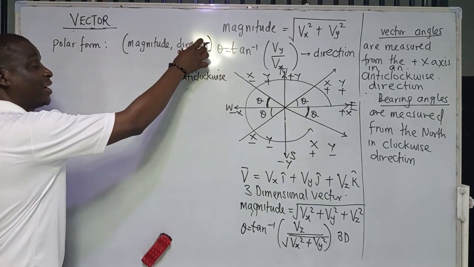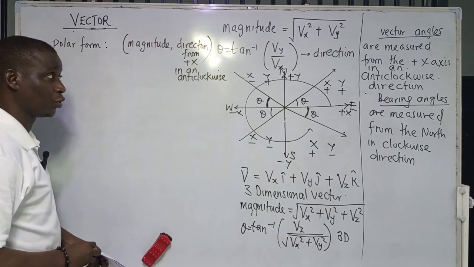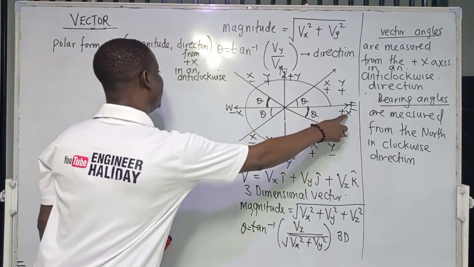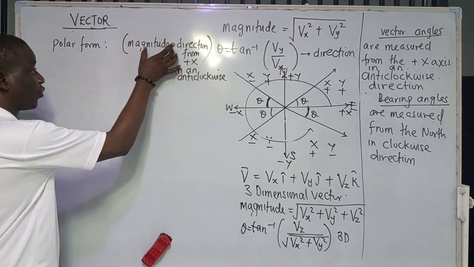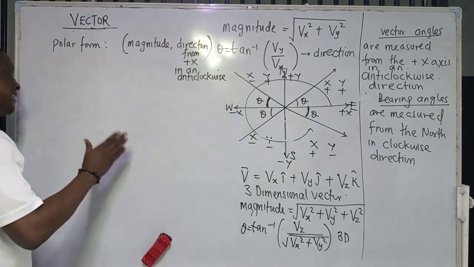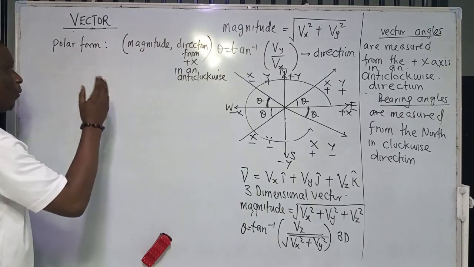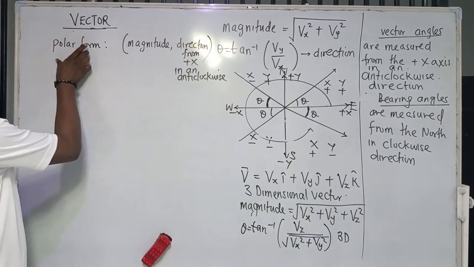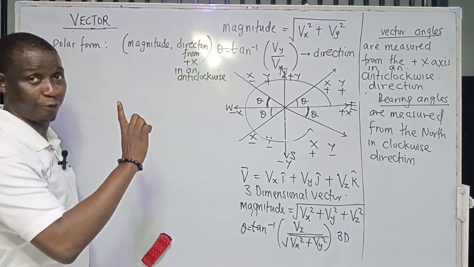The angle must have a reference line measured from the positive x-axis in an anti-clockwise direction, having a magnitude first and followed by direction. There are other forms of vector, but I am interested in the polar form.